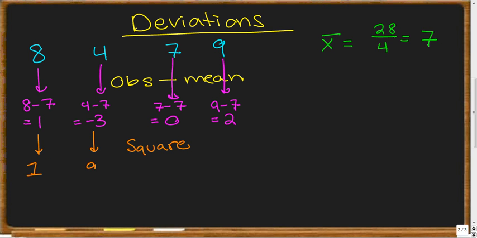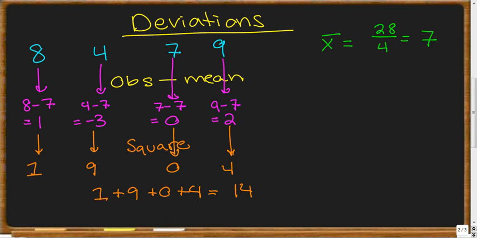This gives me 9. This gives me 0. This gives me 4. Now I've squared those numbers, so they're all positive and they're good. So now I can go through and add all these up. I get my 1, my 9, my 0, and my 4, and that gives me 14.